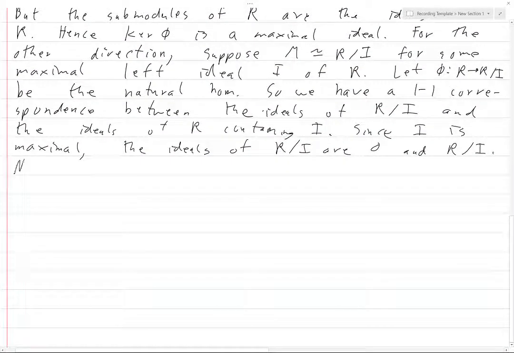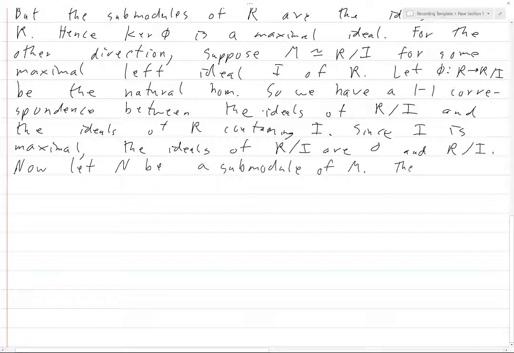So now let N be a submodule of M. Then N corresponds.